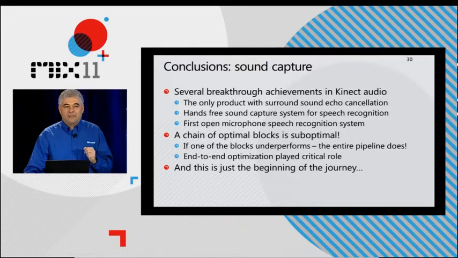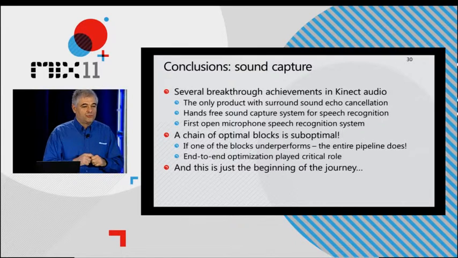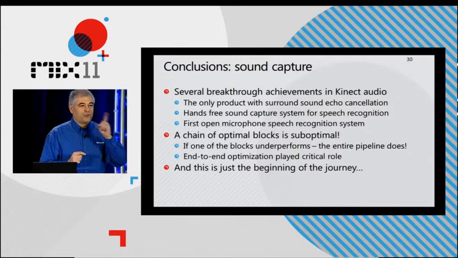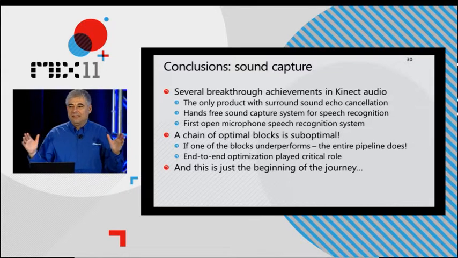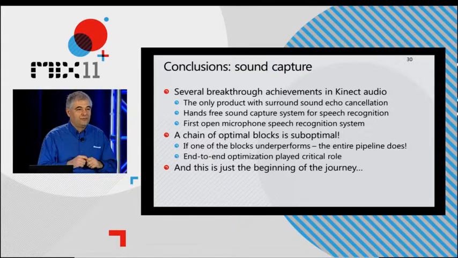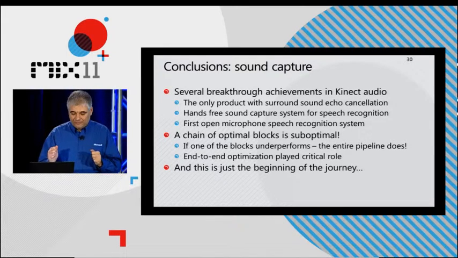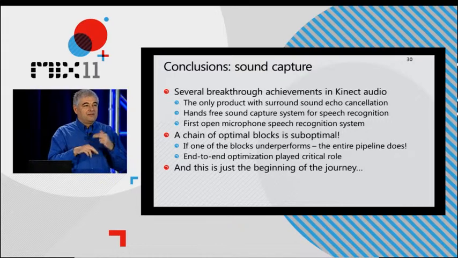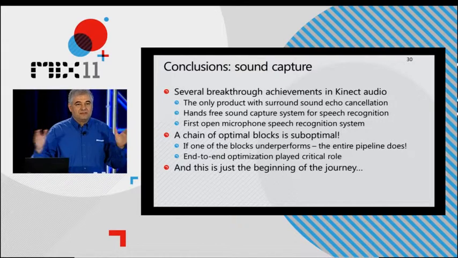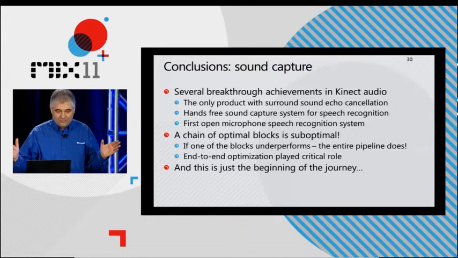You noticed that during my in-car demo, I had to press a push-to-talk button to tell the system I'm talking to it. In Xbox, with Kinect, I have the voice equivalent of a push-to-talk button. I have to say Xbox and then the command. One of the reasons this audio processing chain worked well is end-to-end optimization.